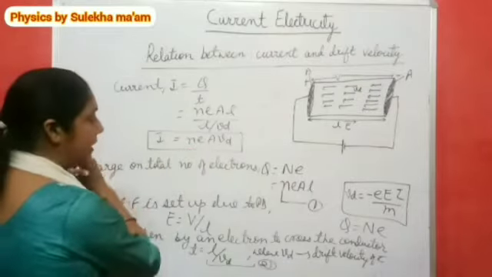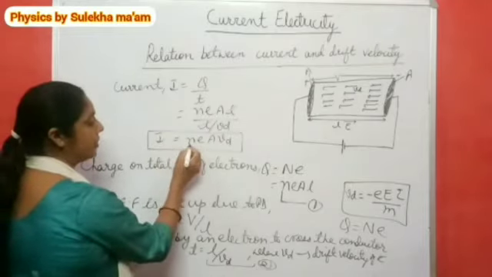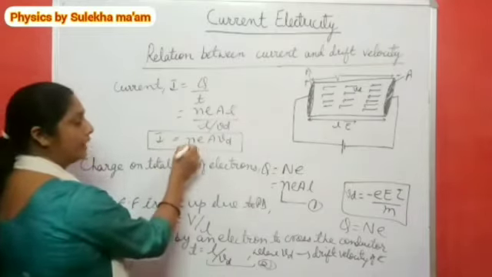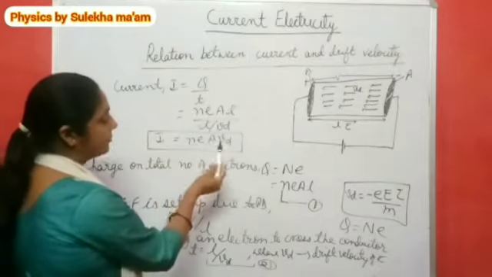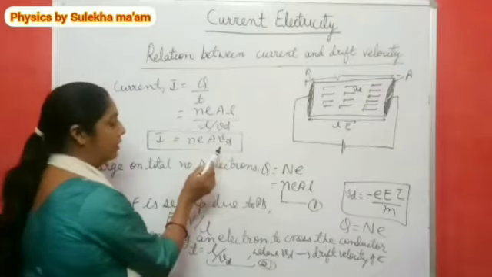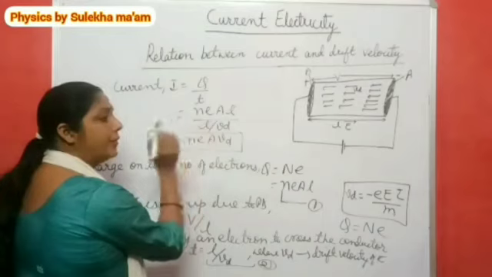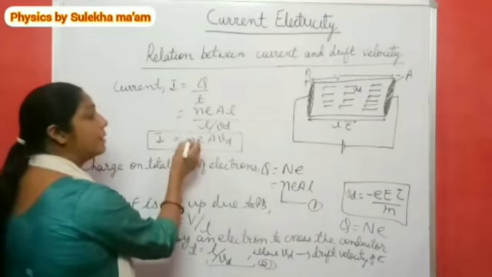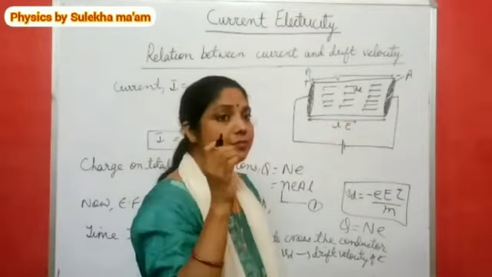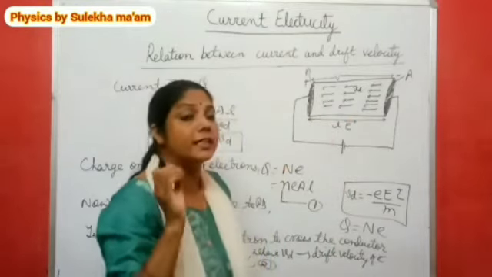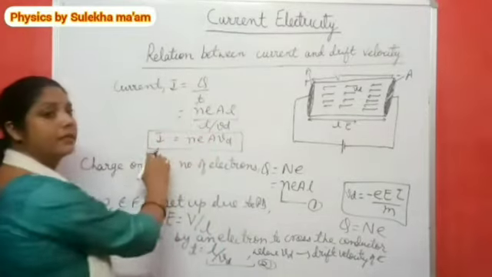From this formula, it's clear that I is proportional to N, total number of electrons per unit volume, and drift velocity. But drift velocity is very small. So how is current produced if drift velocity is small? Drift velocity is small, but the total number of electrons inside this conductor is very large, and each electron experiences drift velocity. So in this way, total current is large.